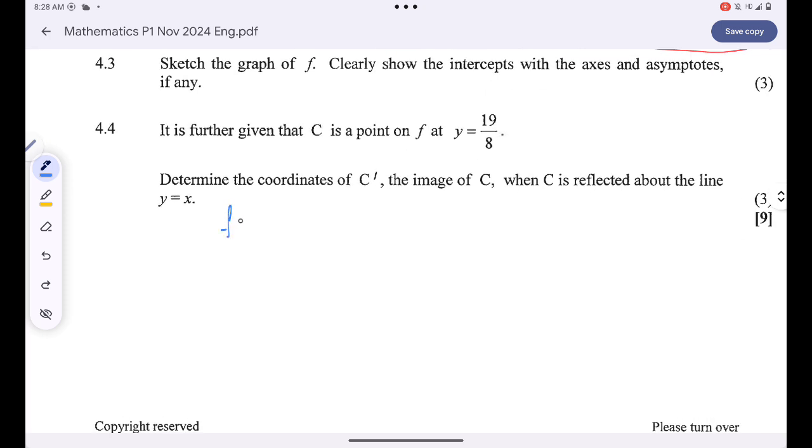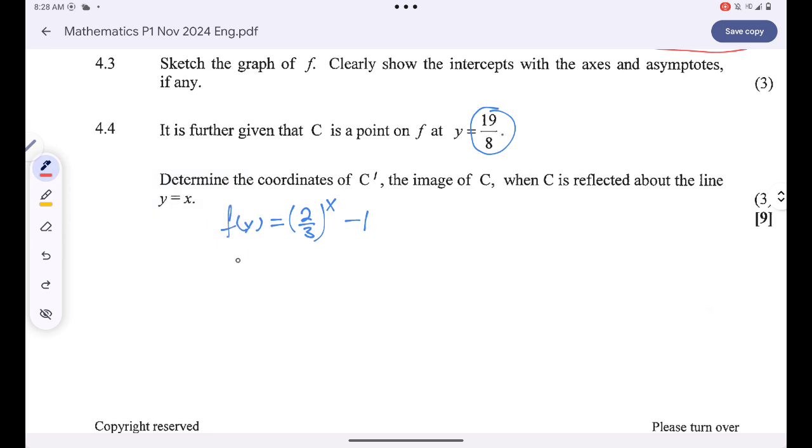Remember that, guys, f of x is just equal to a to the power x, minus 1. I know that the y value is 19/8. I just want to find the corresponding x value.